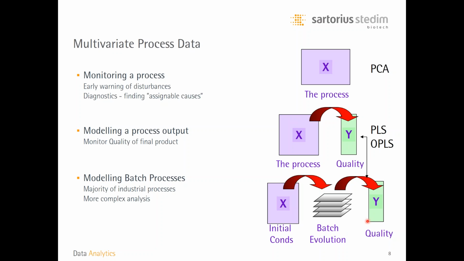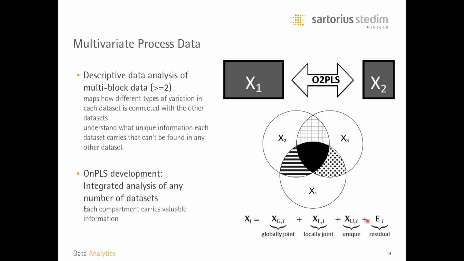So PCA, PLS, and OPLS can be said to address these data analytical objectives that we have been talking about. And just for a little recap, the data analytical objectives we are referring to are an initial data overview, a summary. It can then be classification, discrimination, regression, and prediction.